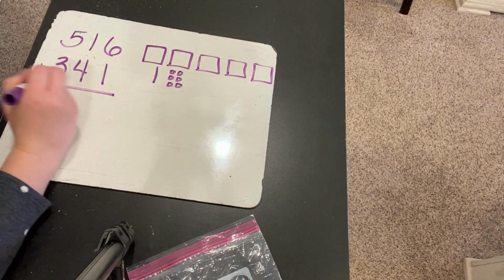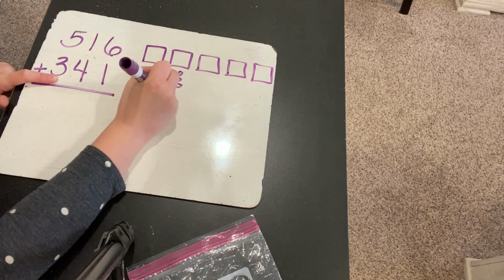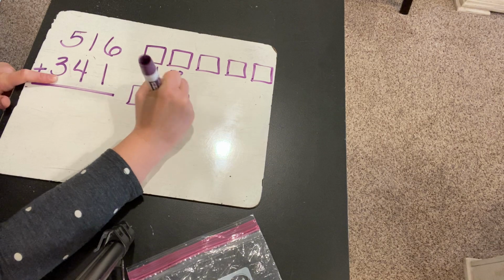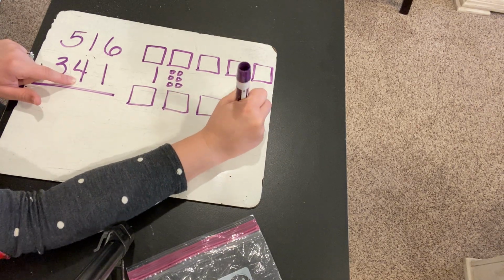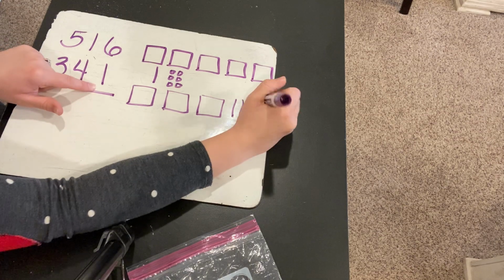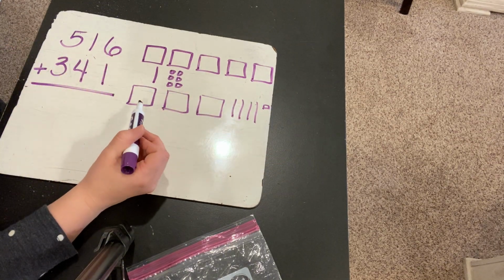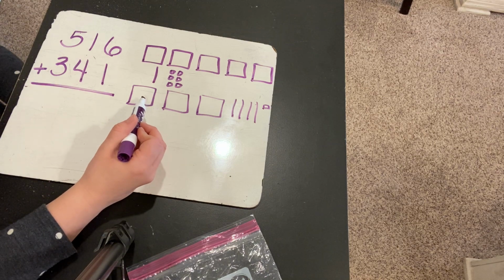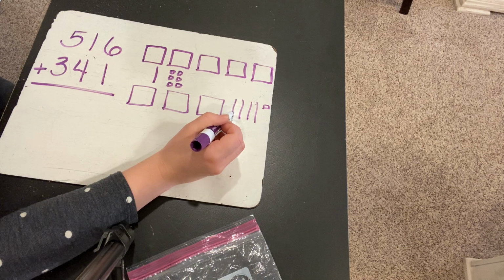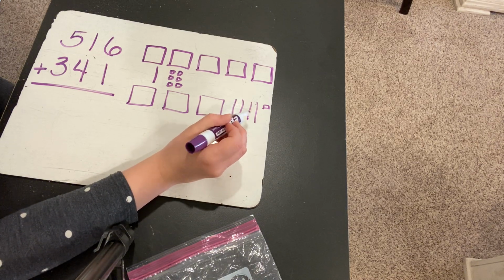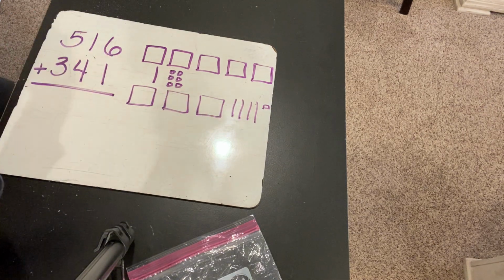Okay, now let's draw out 341. So we need 300s, 4 tens, 1, 2, 3, 4, and 1 one. Let's count it and make sure it's 341. Count with me. 100, 200, 300, 310, 320, 330, 340, 341.